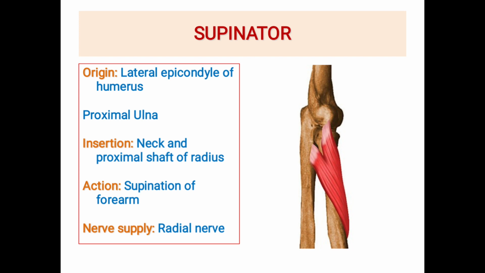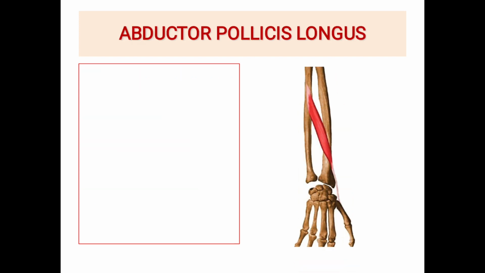So, the thumb. Now, you have to remember that the forearm bone that is closer to the thumb is the radius, correct? So, if you have ulnar origin, like your abductor pollicis, it is long because it is farther from the thumb.